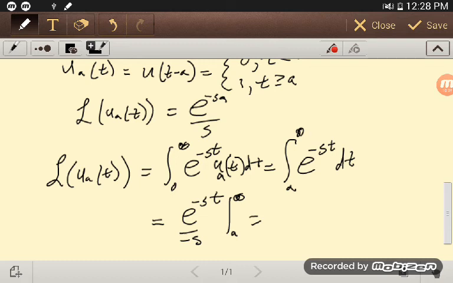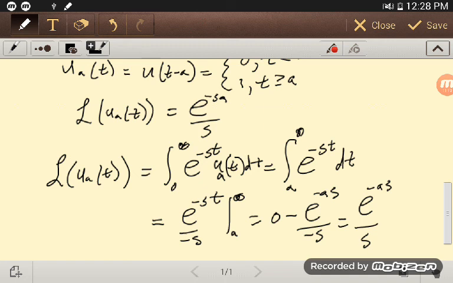So we get 0 for that part, and then minus, when we put a in for t, we get e to the minus as over minus s, and so we get e to the minus as over s. Or sa as it is in the book. I was just taking it out of the book. I would tend to write it minus as because s is our variable at that point.